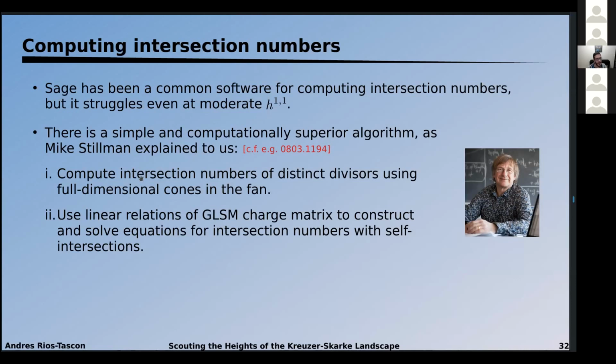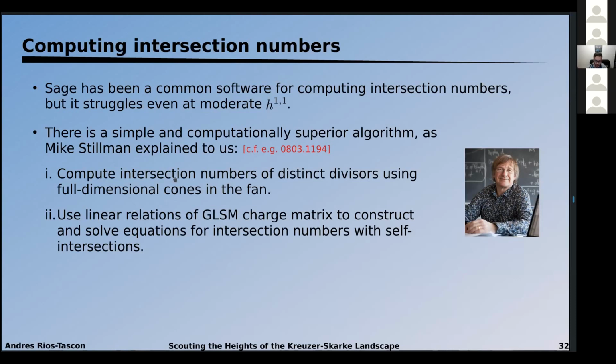All you need to do is first compute intersection numbers of distinct divisors using the full dimensional simplices of the triangulation. And then you can use the linear relations of the GLSM charge matrix to construct and solve equations for intersection numbers that involve self-intersections.